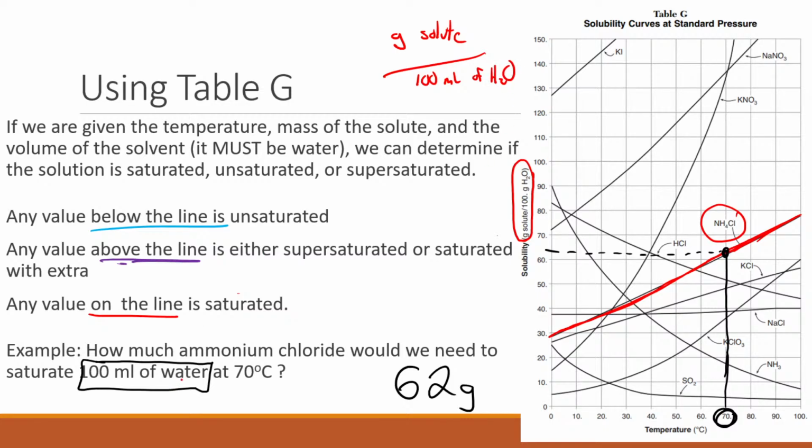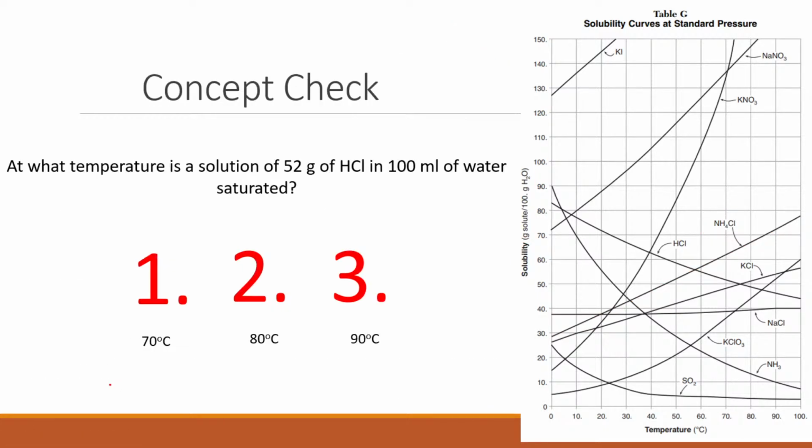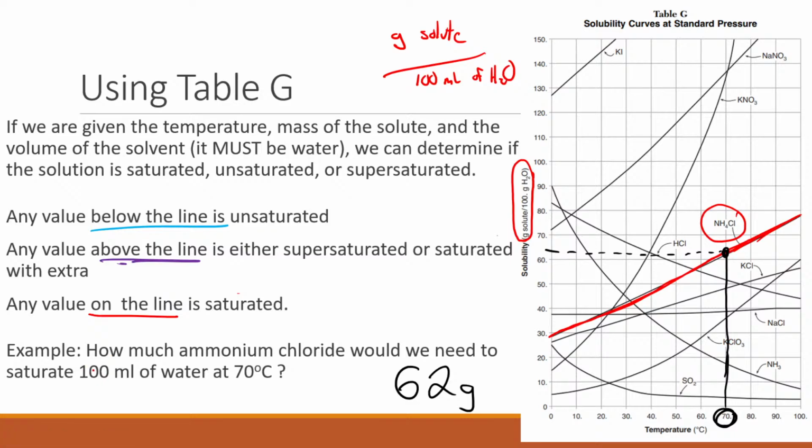So this 100 milliliters of water just tells me I need to use this scale as given. And it's just a little confirmation piece. If it had said 200 milliliters of water, then I would have needed to adjust my numbers. If it had said 50 milliliters of water, I would have needed to adjust these numbers. I would have needed to adjust my y-axis appropriately.